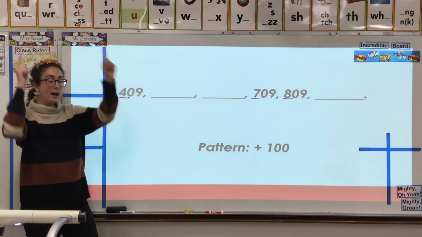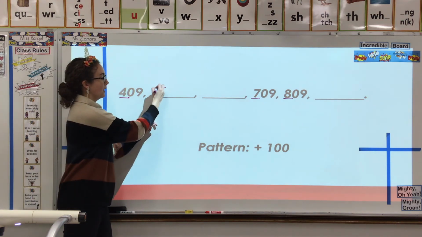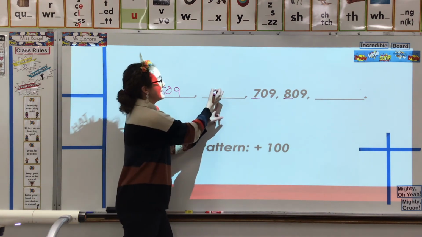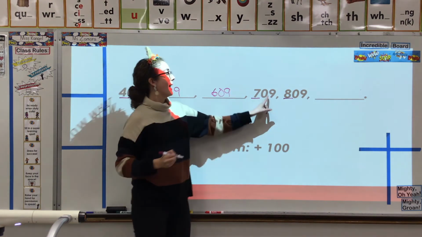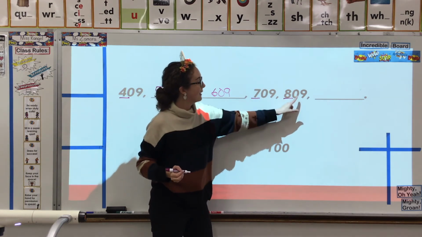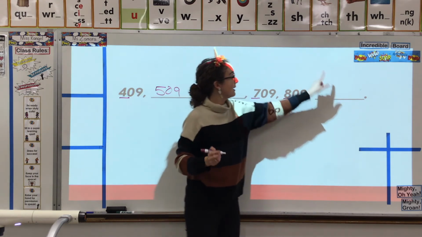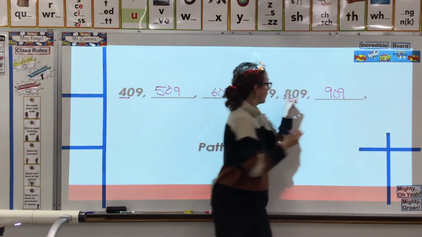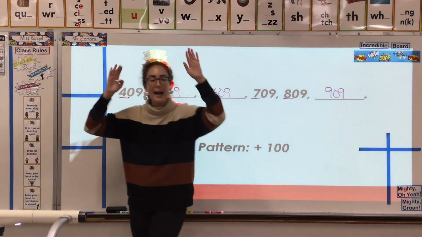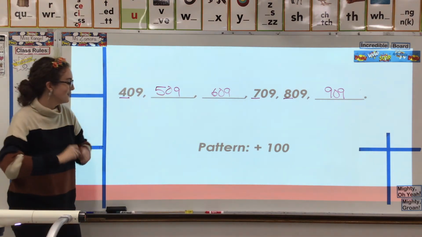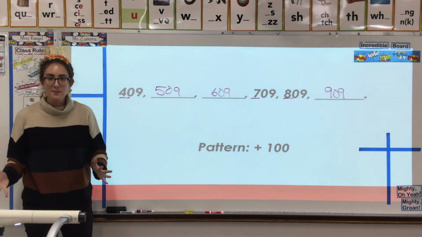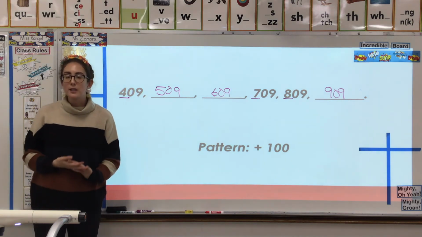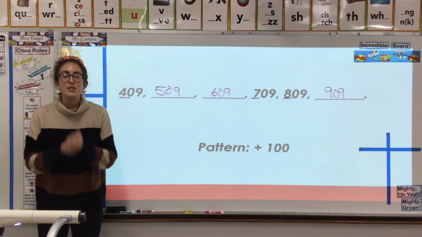If we add 100, we'll get 509, and then 609, 709, 809, 909. We continued to add 100. So with the same awesome skills, we were able to complete just a slightly different looking problem, but solve it just the same.